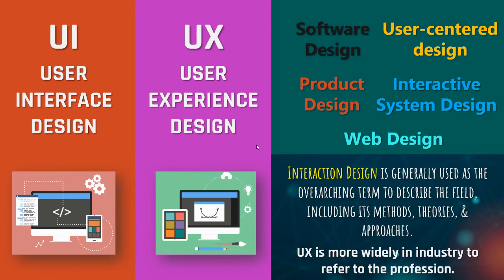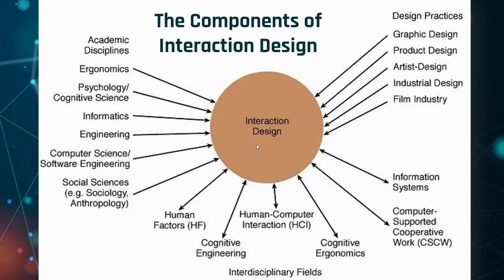And here are the components of interaction design. We view interaction design as fundamental to many disciplines, fields, and approaches that are concerned with researching and designing computer-based systems for people.